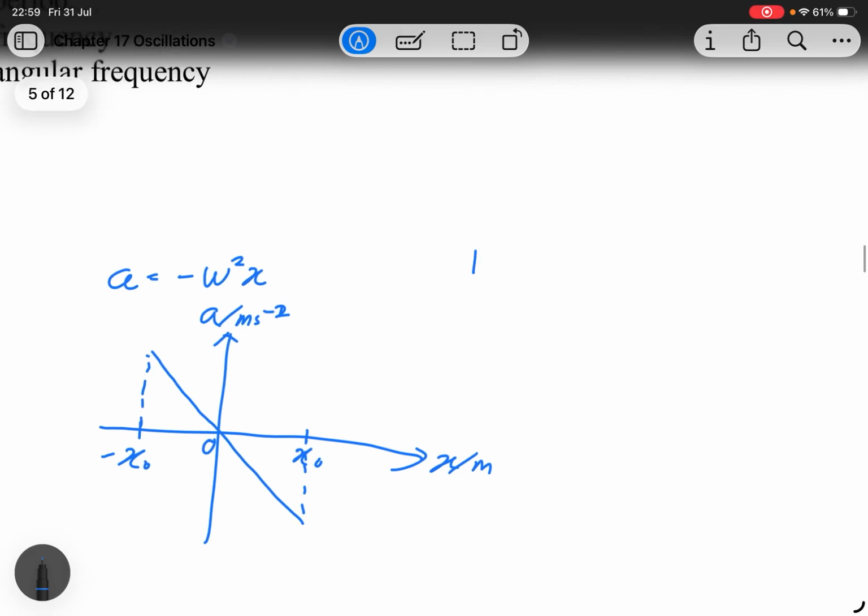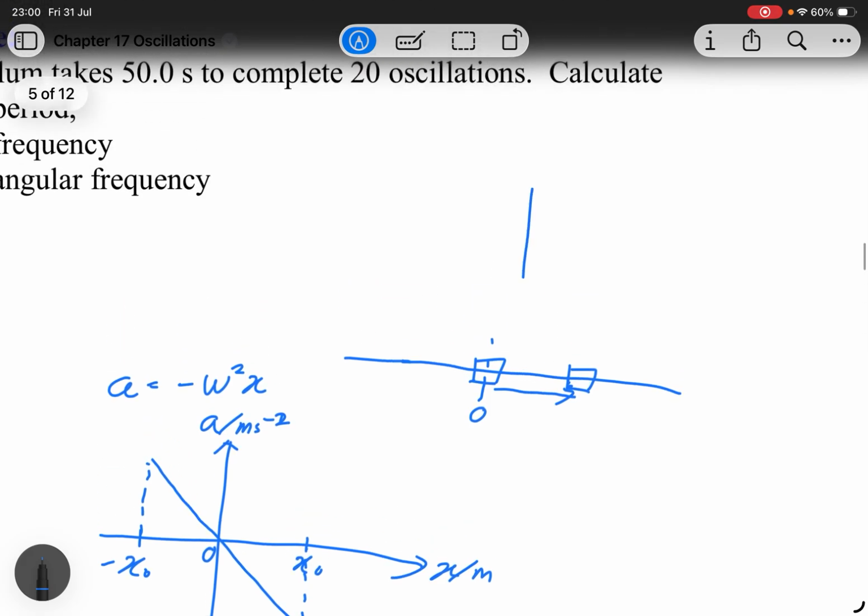Why? Okay, let's say this object, let's say this is 0, okay? It will move until the farthest right. On the graph, it's shown like this. This is peak displacement to the right.